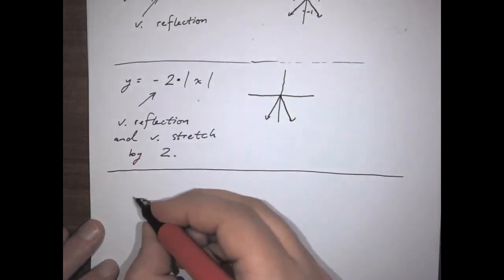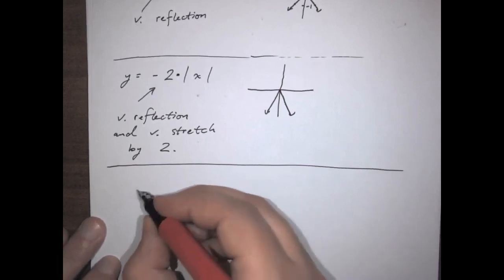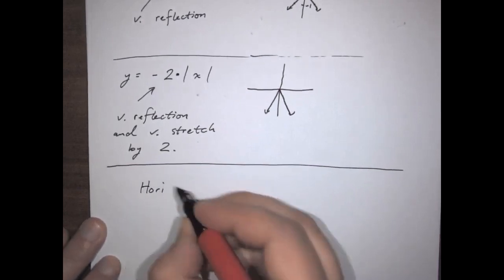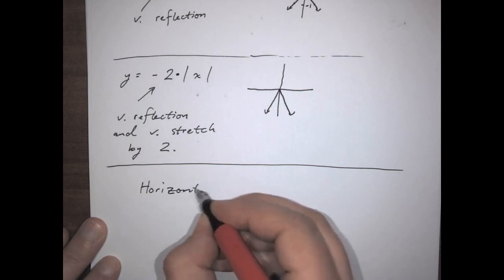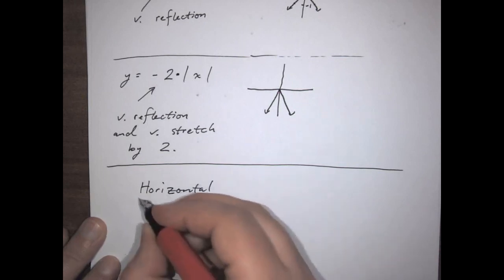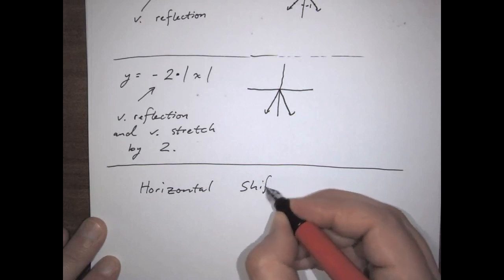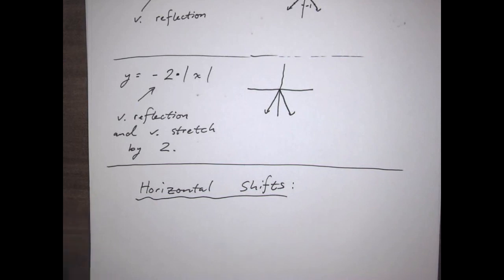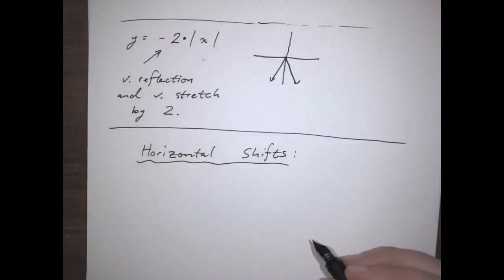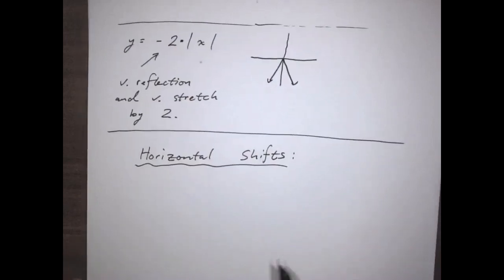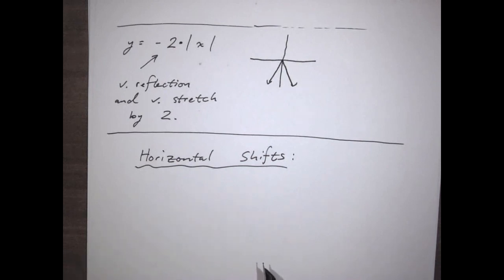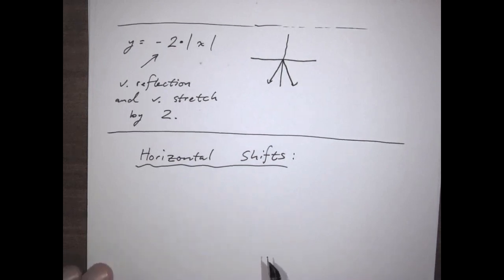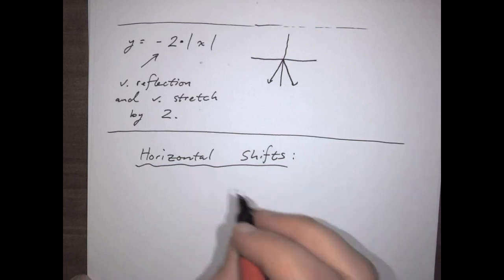Now, let's talk about horizontal transformations. Horizontal shifts. So with horizontal transformations, everything happens by replacing x by something else. And to do a shift basically means that you're going to be giving the x's more or less a head start or perhaps a delay.